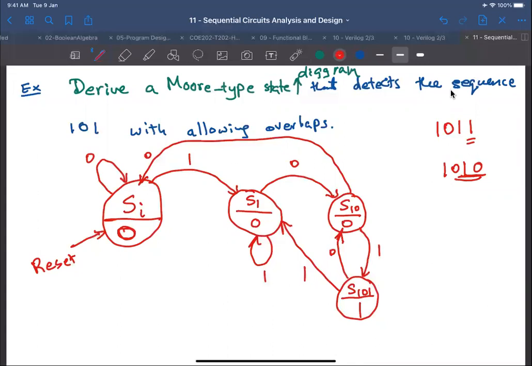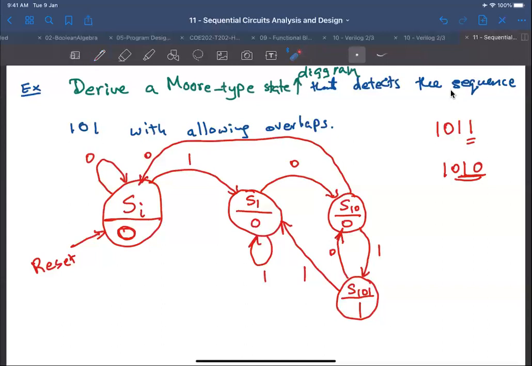So you should be able to answer, if I change the sequence, you should be able to derive either a Mealy or a Moore machine for the same sequence. How many states does it take to detect 3 bits, a sequence of 3 bits in a Moore machine? 4, right? Just count them. Okay, 4 states.